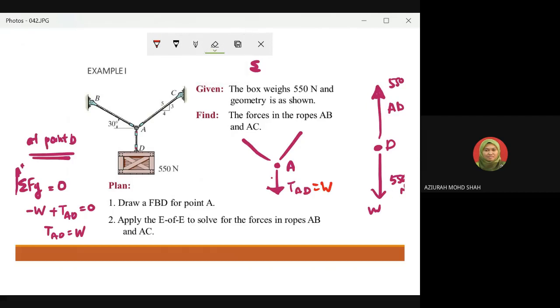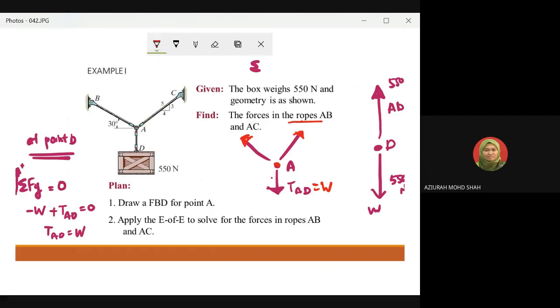Okay, clear? Understood? Okay, logically, there is already a hint here. It says ropes. So for a cable, we know that it is always in tension. Always in tension. So your arrow head should be away from the point or from the rigid body.